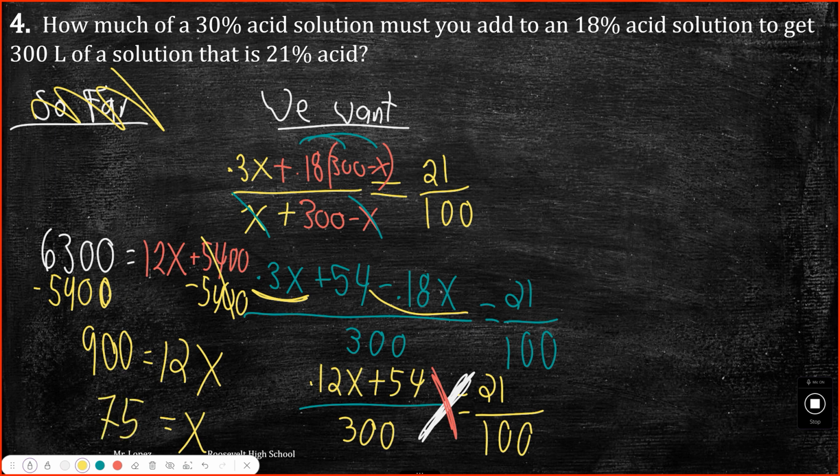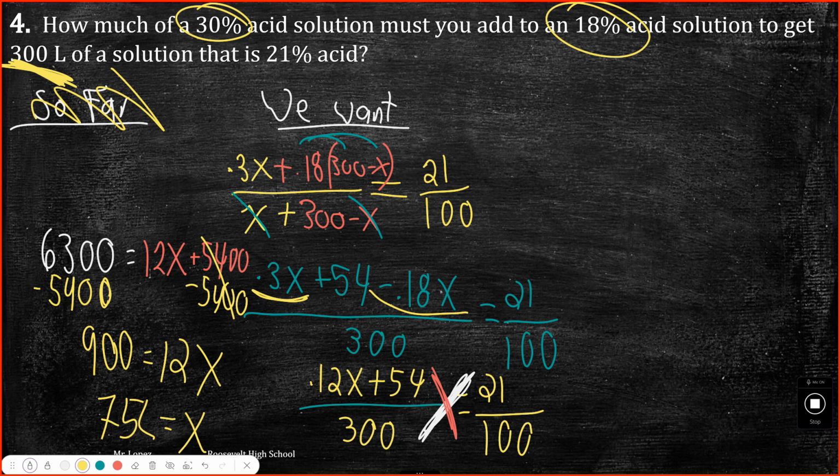75. 75 is x. And what did we say x was? X was the 30%, no? So we're going to need 75 liters of the 30%, and how much of the 18%? What's the total amount? 300.